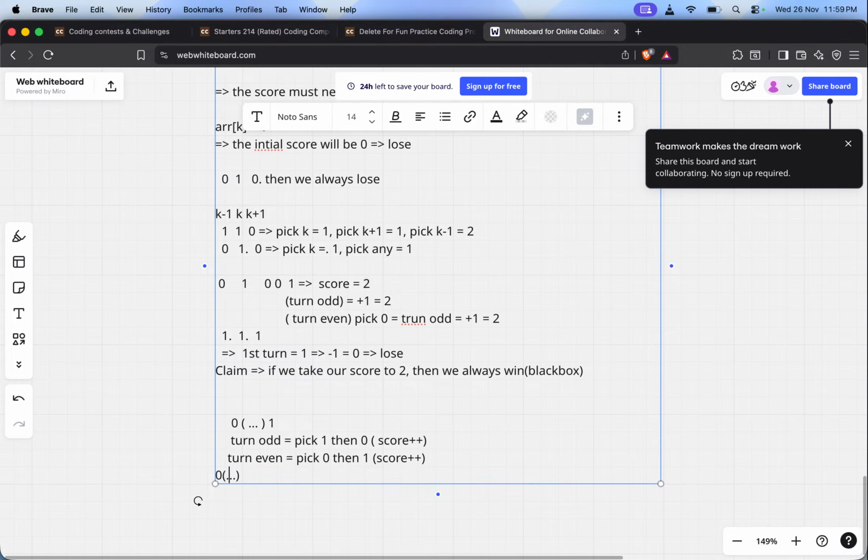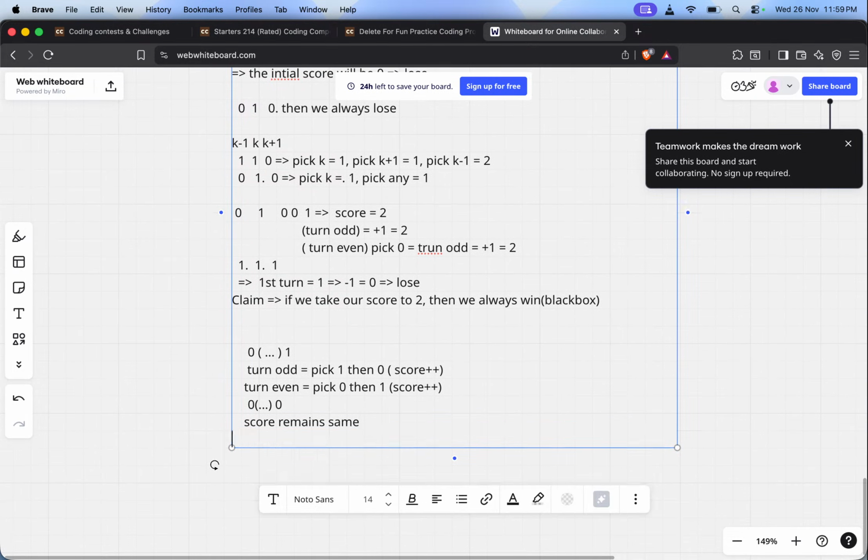Alright, so what if both of these were 0? Then pick any of them in any step. Score remains the same. In the third scenario, we have 1 1.